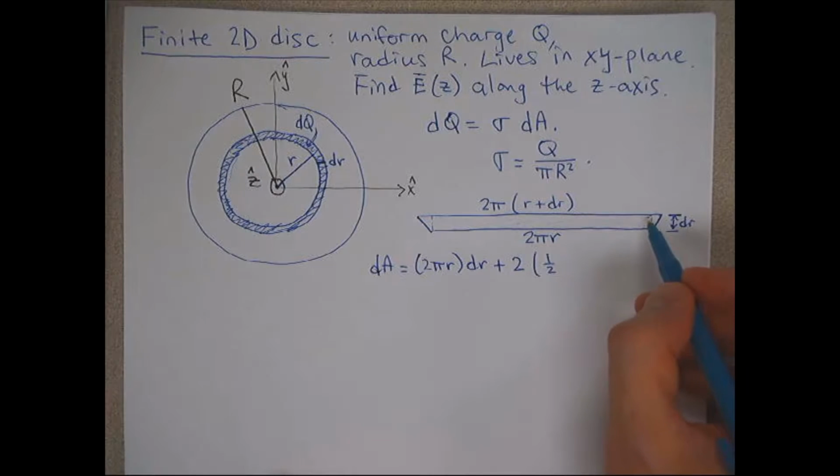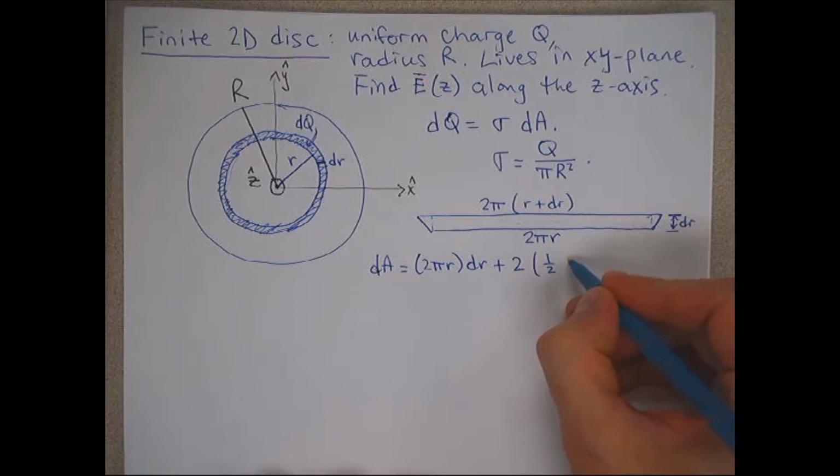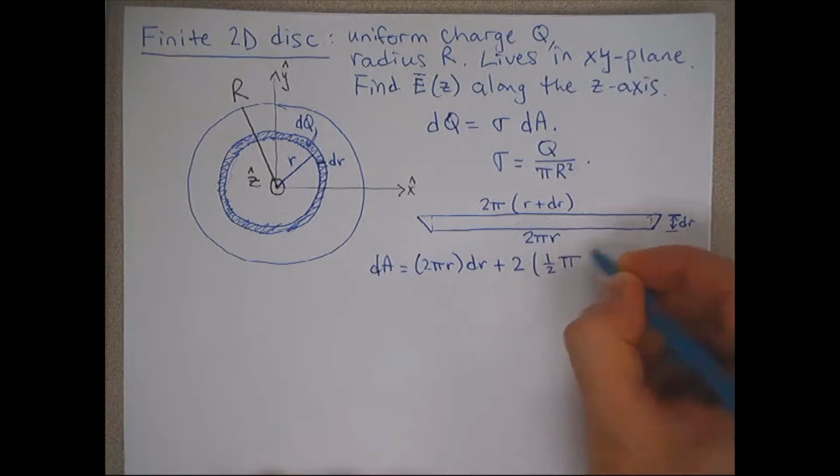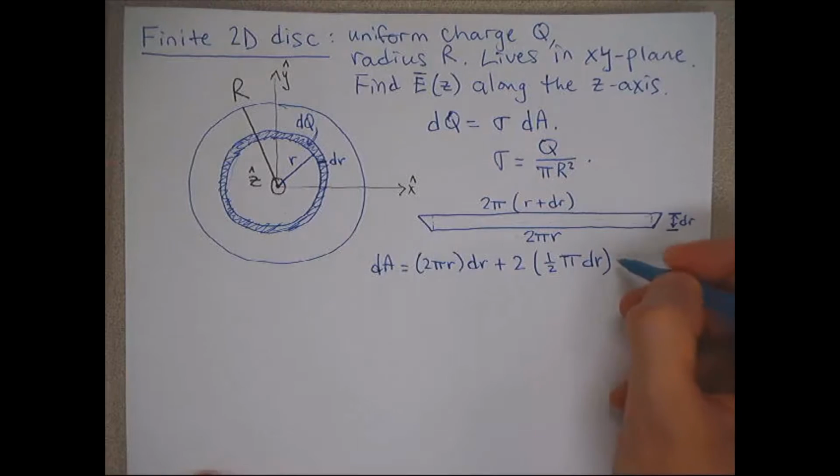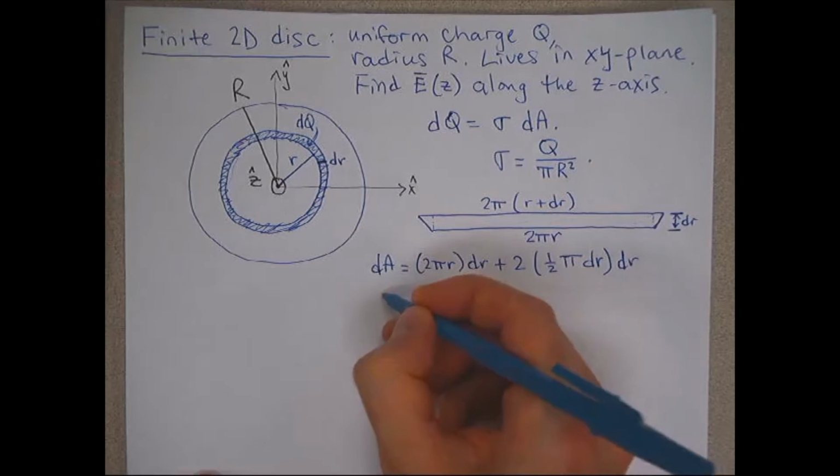Our base here is pi dr, and the height of the triangles is dr.